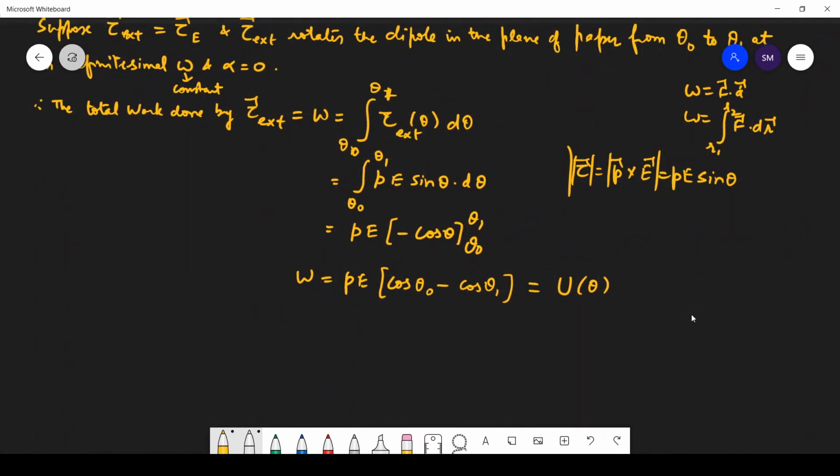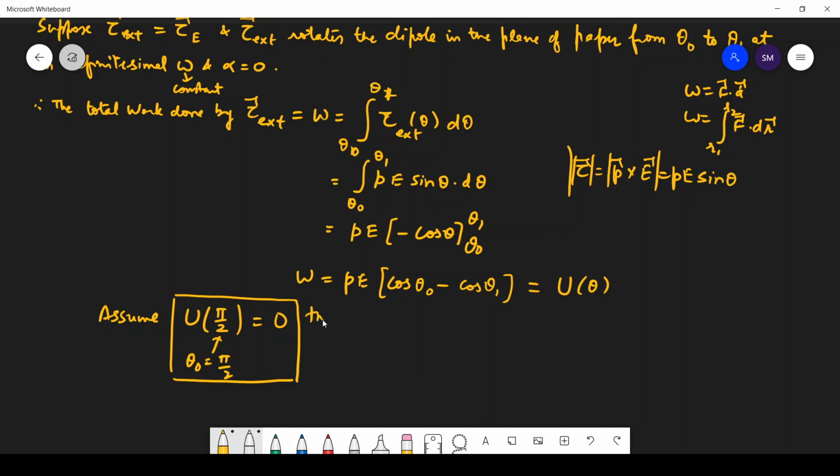Here I am taking this potential energy to be 0 at pi by 2 radian angle. That's what you can write as theta naught also. So theta naught is equal to pi by 2, I am taking. So at this particular angle, the potential energy is 0. That is my assumption.